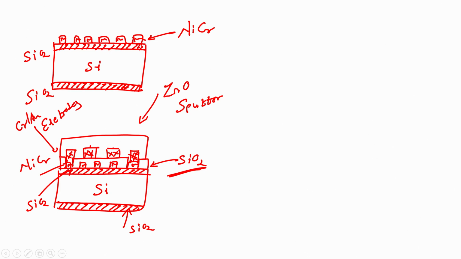So, after this the next step would be spin coat photoresist, perform soft bake, load mask, bright field mask.